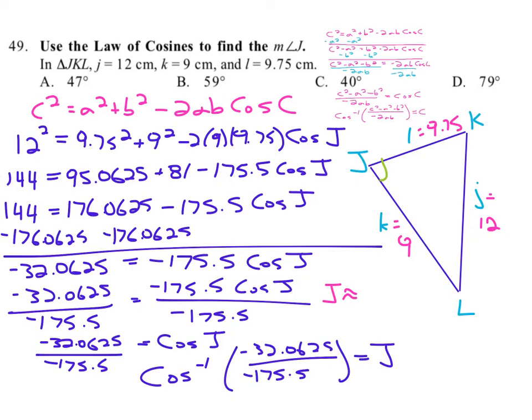The negative button is on the bottom next to your enter button. It's different from minus, and it might mess you up if you don't use the negative button. Okay, so inverse cosine of negative 32.0625 divided by negative 175.5. Close those parentheses, and you get 79.47.